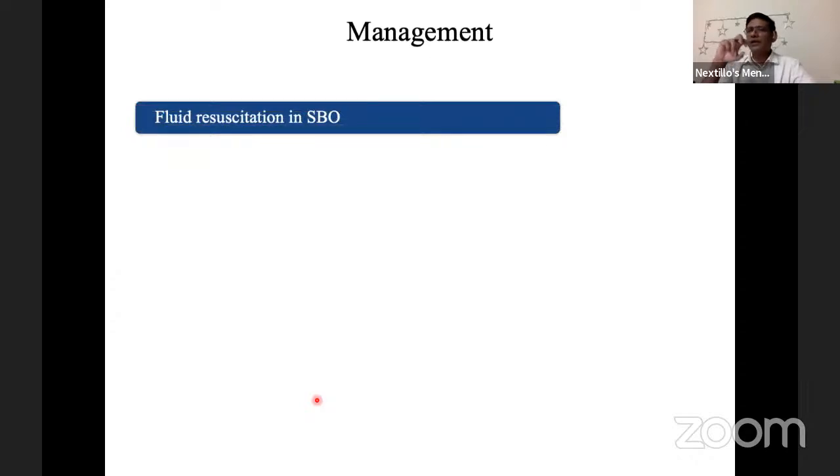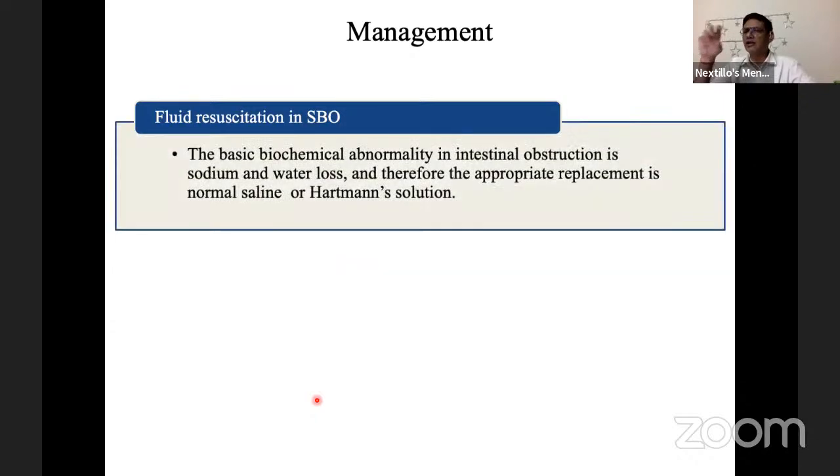The fluid therapy in small bowel obstruction: we know that the main electrolyte imbalance is sodium and chloride loss. Therefore, the appropriate replacement fluid is normal saline or Hartmann's solution, containing more sodium and chloride along with water.